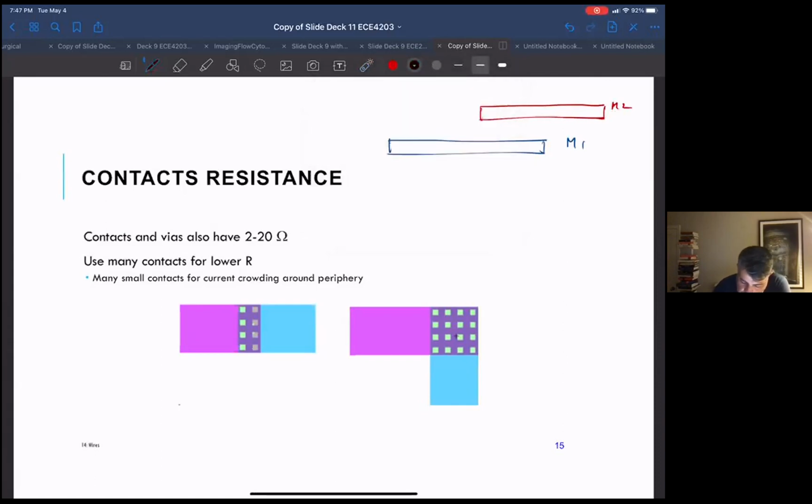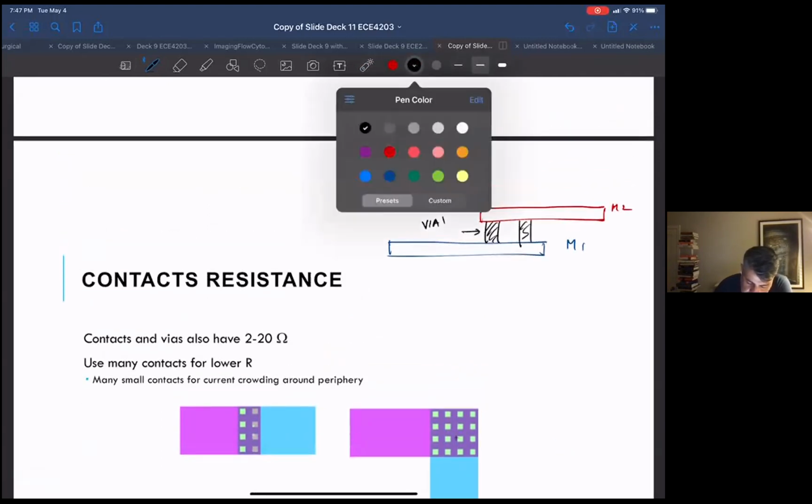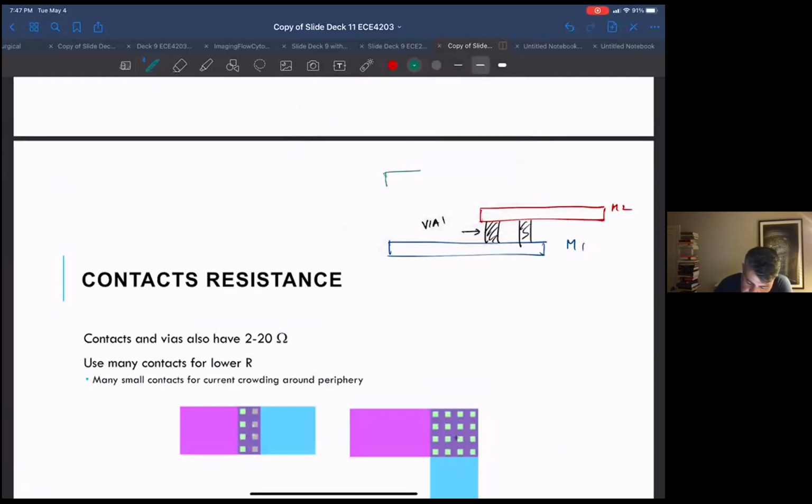Let's say I want to contact it to metal 2, and this would be so-called via 1. Then metal 2 would get contacted to metal 3 via the layer called via 2.